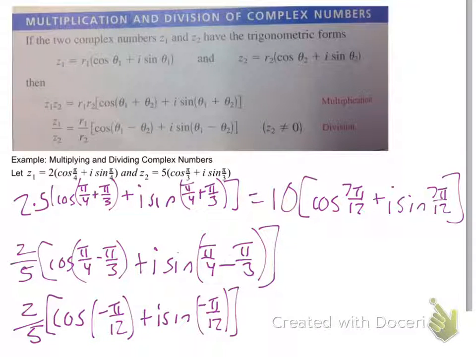We know that cosines and sines have evenness and oddness to them. So therefore, cosine of negative pi over 12 is the same thing as cosine of pi over 12 because the negative disappeared. Minus i sine pi over 12 because the negative will get to go out front. Now you're done.